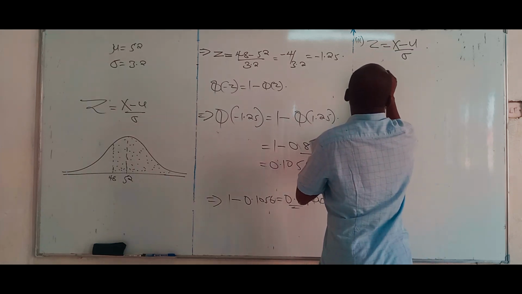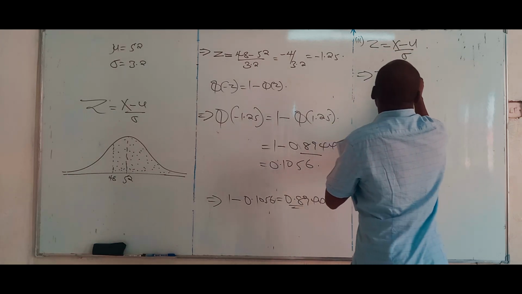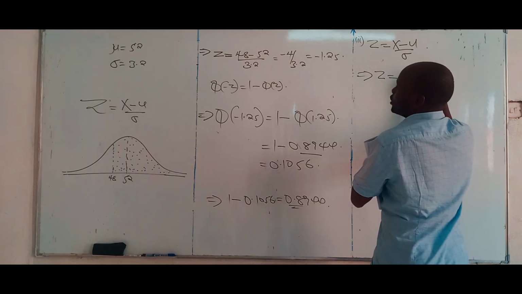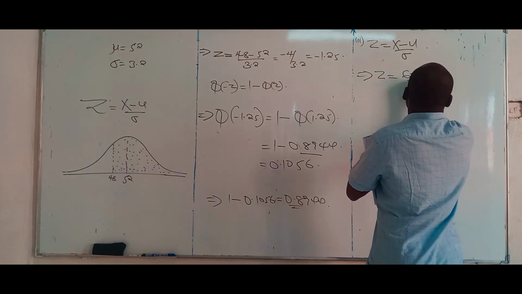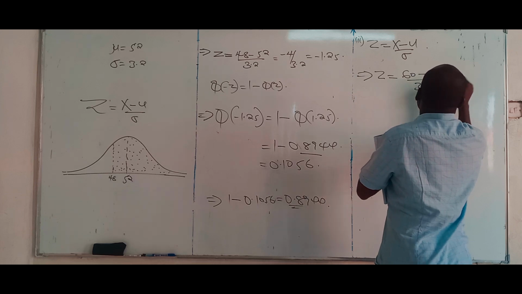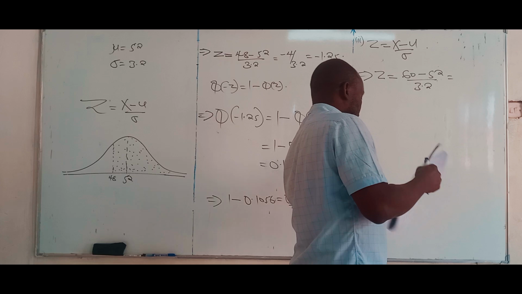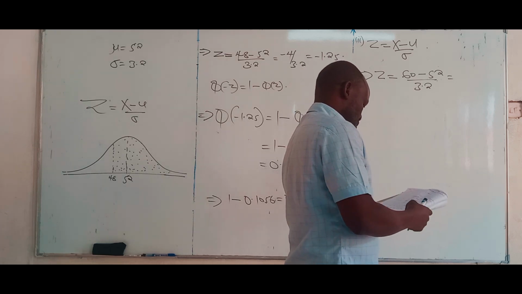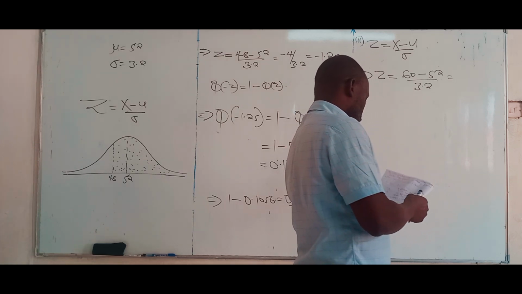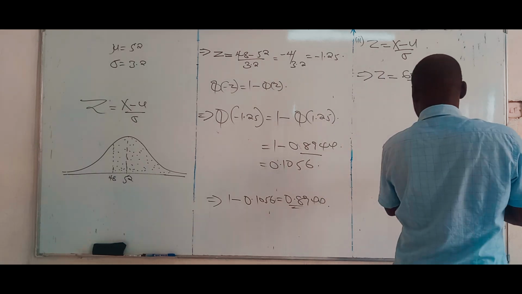And that then just implies that z is x, that is 60 minus mean, which is 52, all over 3.2. Now that difference, if you work it out, 60 minus 52 over 3.2, should give you about 2.5.